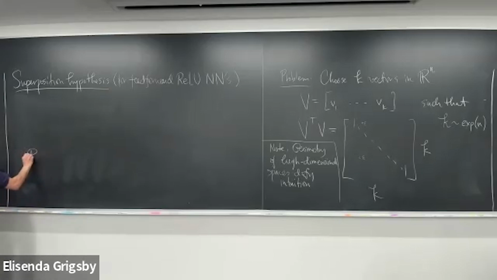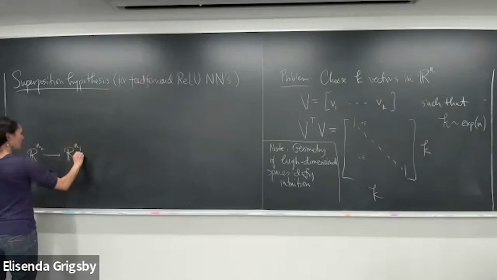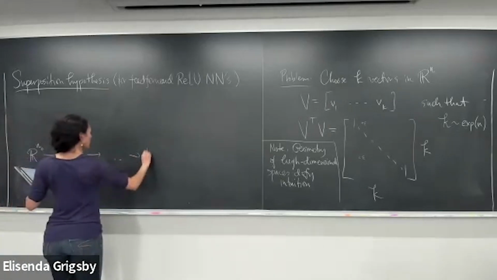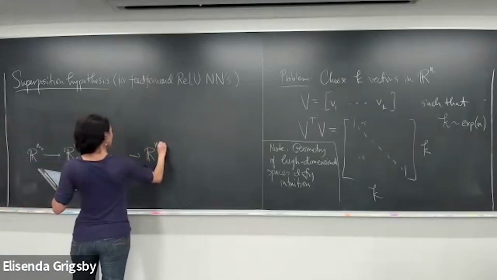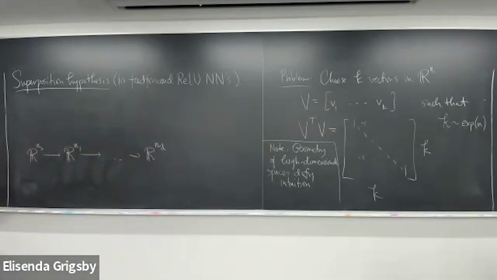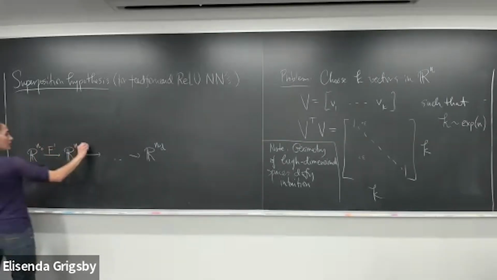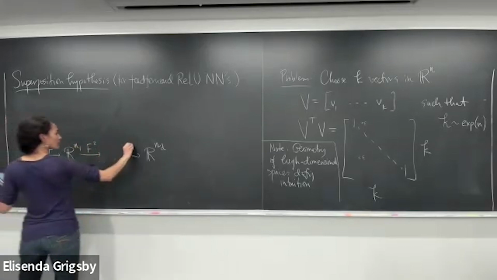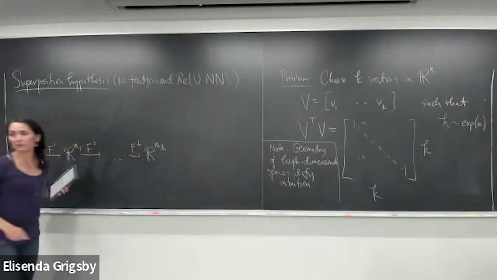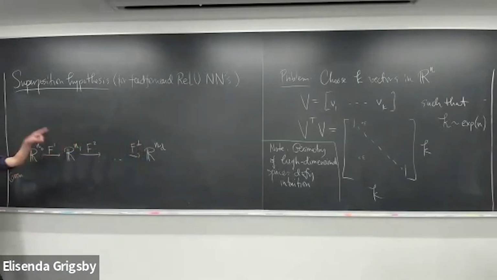So, here's a feed-forward ReLU neural network. Given such a network, you can imagine you've obtained this function by training on some data.